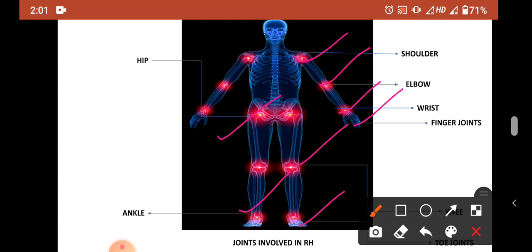So these are the common joints which get affected in case of rheumatoid arthritis. You can see that in the picture here. Both the right-hand side and the left-hand side bones are affected. So that is the meaning of symmetrical disease.